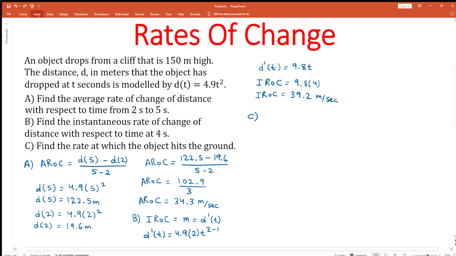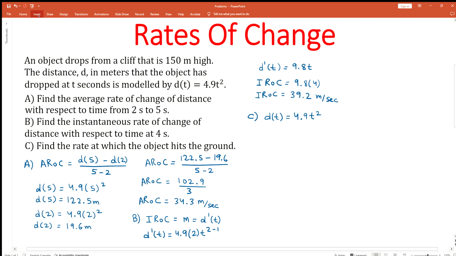We are given the distance function for the object. The object is dropped from a height of 150 meters. So we have to find the time it will take the object to travel a distance of 150 meters, because when the object hits the ground, it would have traveled a distance of 150 meters from its dropping point.